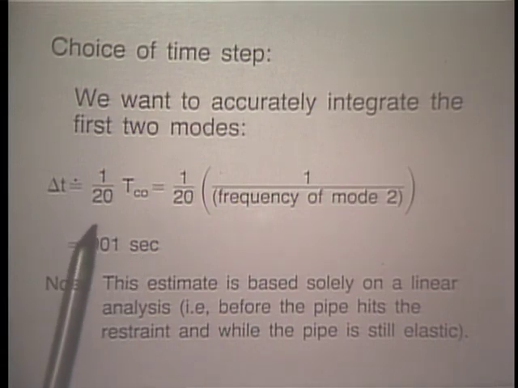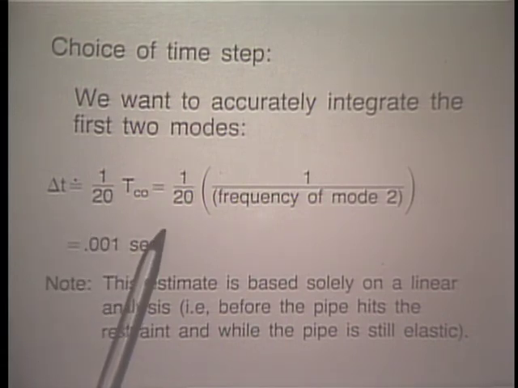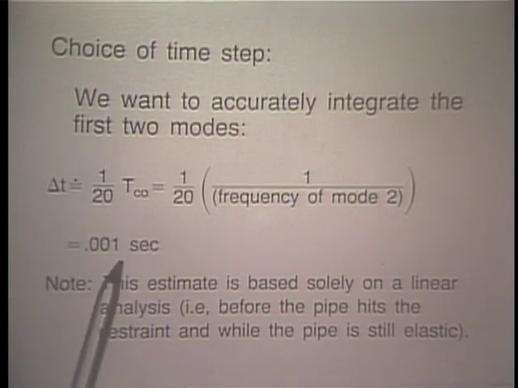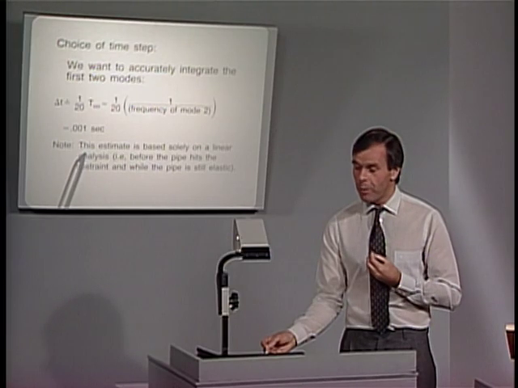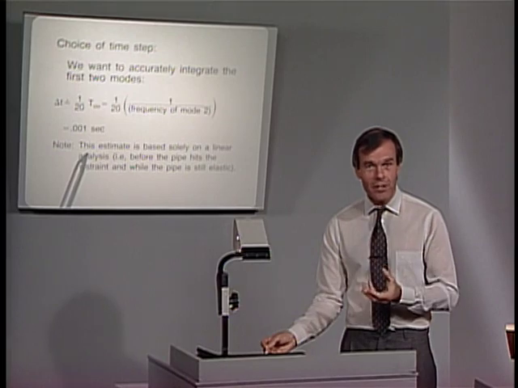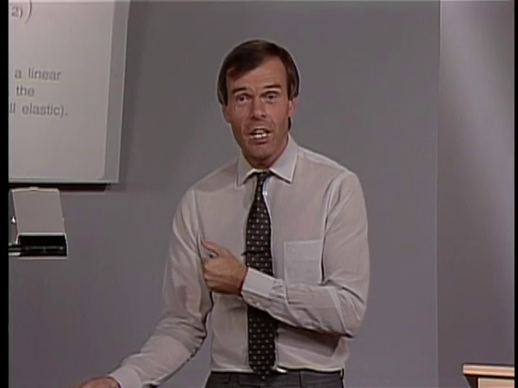Of course, once again, this choice of time step is based solely on looking at the linear response of the pipe. In other words, assuming that the pipe remains elastic and that the restraint is not there either.